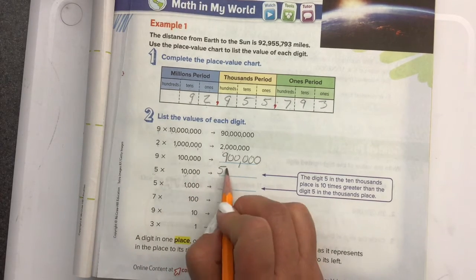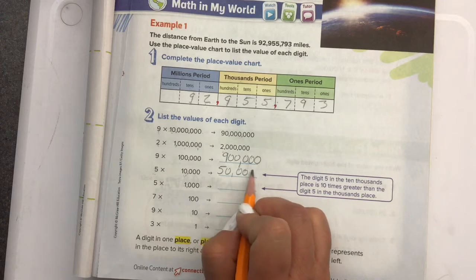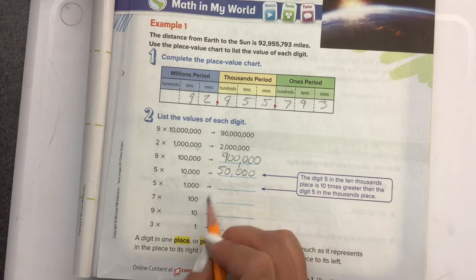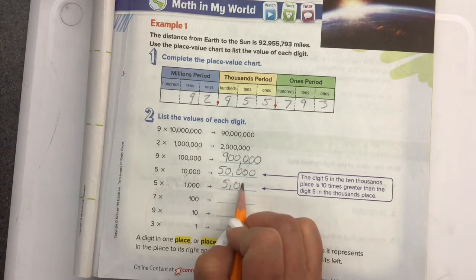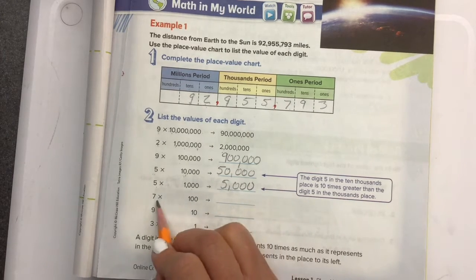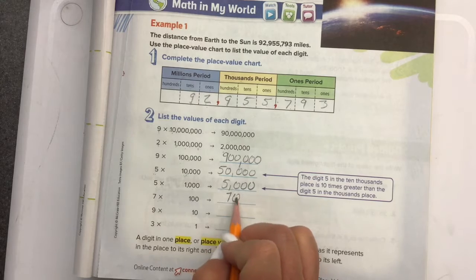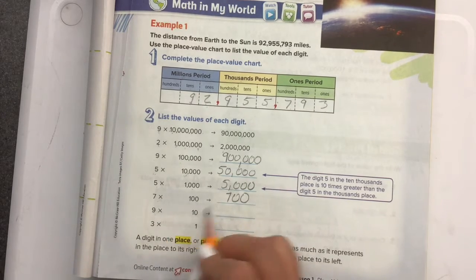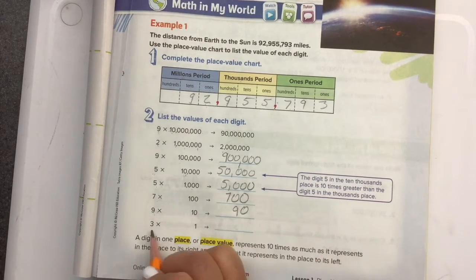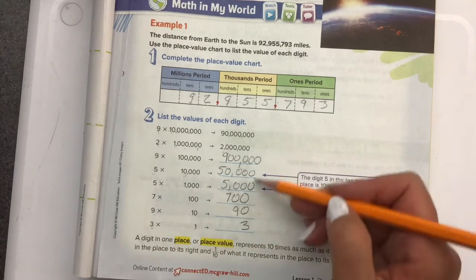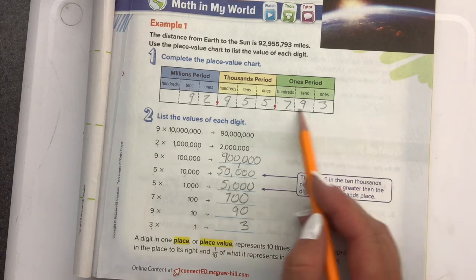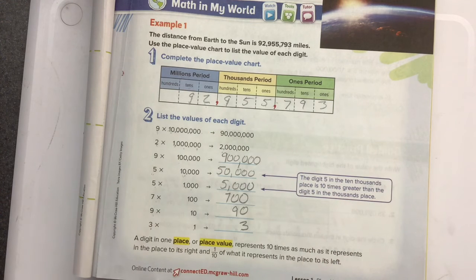Then we just add the zeros. I think you're following the pattern here. 5 times 1,000. Well, yeah, you got it. 5,000. 7 times 100. 700. 9 times 10. 90. 3 times 1. 3. And if you were to line all these up and add them down, you would get this fabulous number right here, because each digit has a place value.